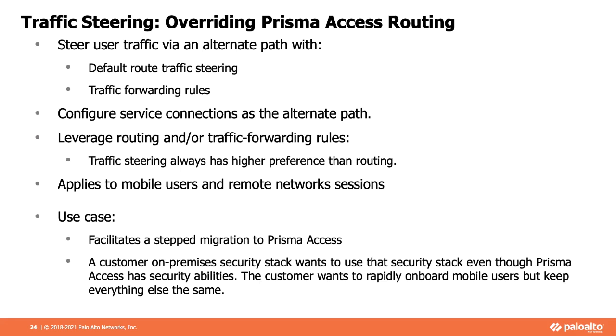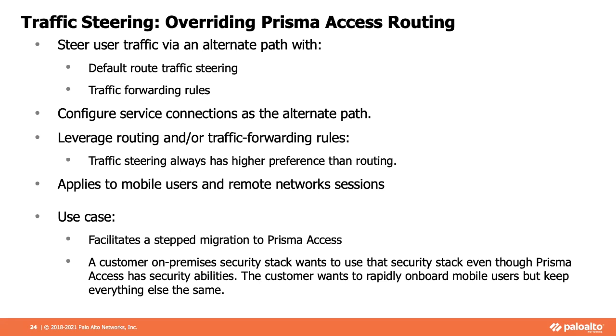So the idea there is that we can use a default route to push all traffic down a service connection, I'm sorry, down a service connection to an existing security stack on the ground and inspect traffic there and then send out to the internet outside of Prisma Access.